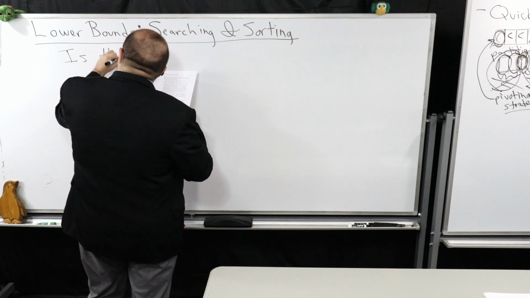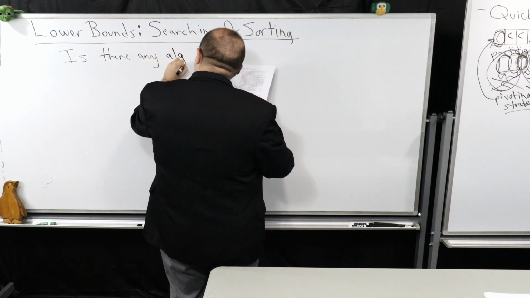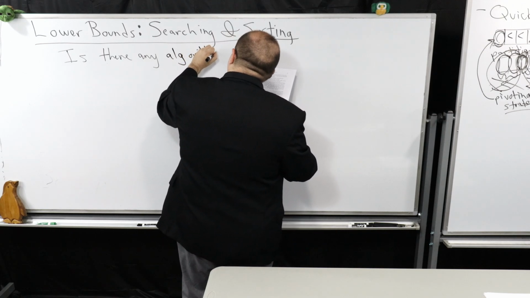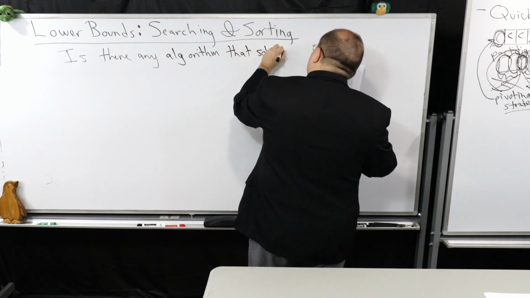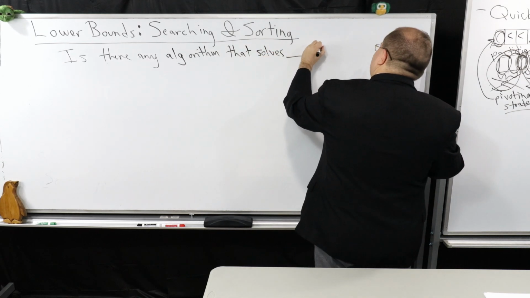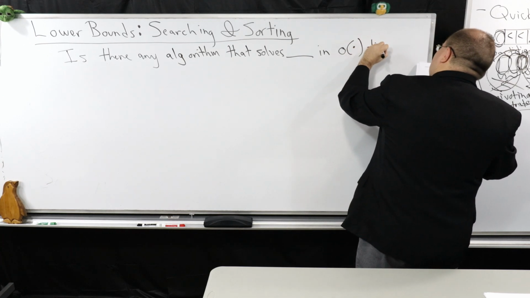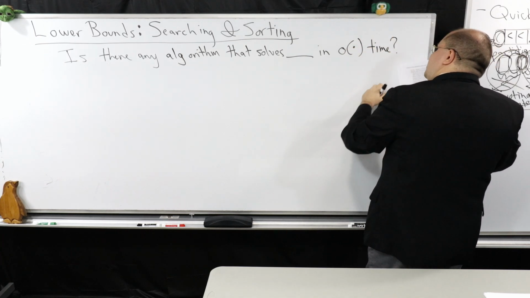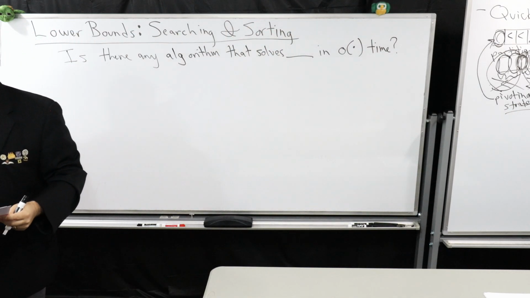Is there any algorithm that solves blank in little o of some complexity function time? Or you may replace this time with space, for example. That's what we're going to focus on today.